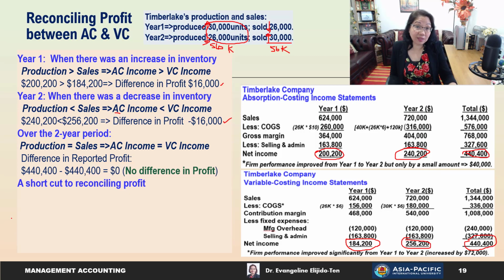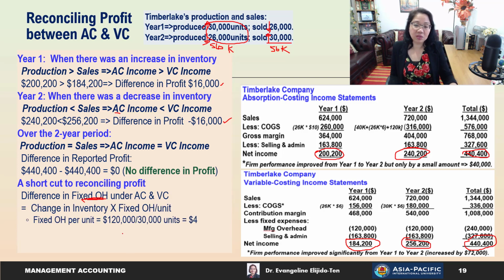All right. Now, how do we reconcile this? There's a shortcut to reconciling the profit, and that is to calculate the difference in fixed overhead and the change in inventory. So in year 1, how did we get that 16,000? Remember that our fixed overhead cost per unit, 120,000 divided by 30,000 is $4. In year 1, how many units did we have in inventory?